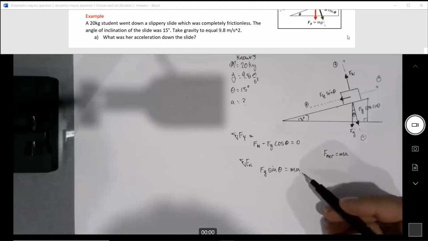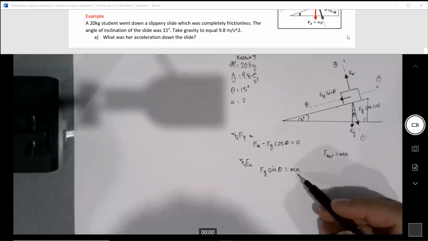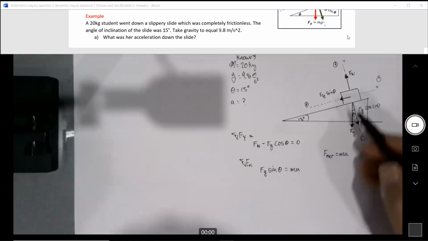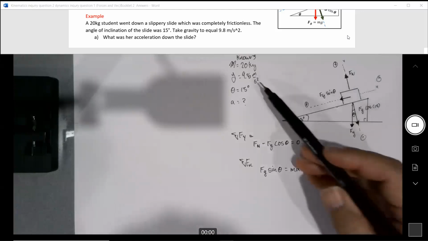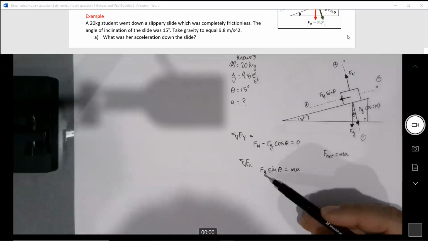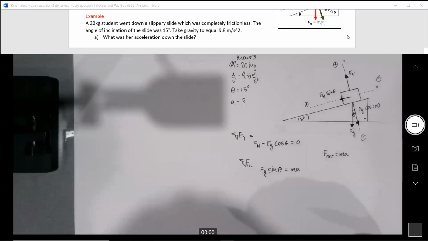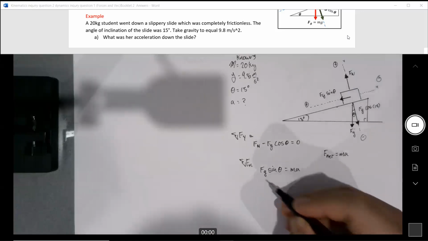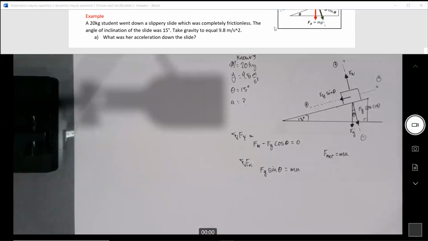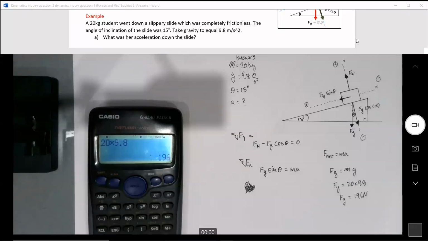Right, and we're solving for acceleration, so we can do that, right? We know that the mass is 20 kilograms. We know that the gravitational field is 9.8, so therefore we can calculate the weight force. So let's do that. So we calculated the weight force equaling 196 newtons.